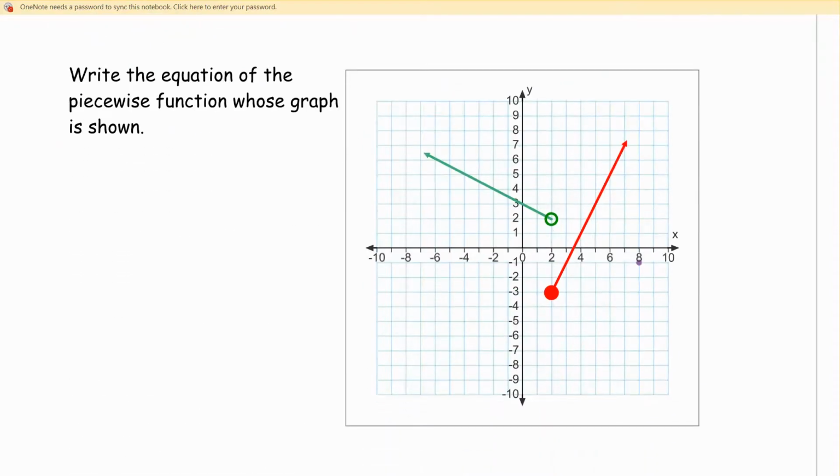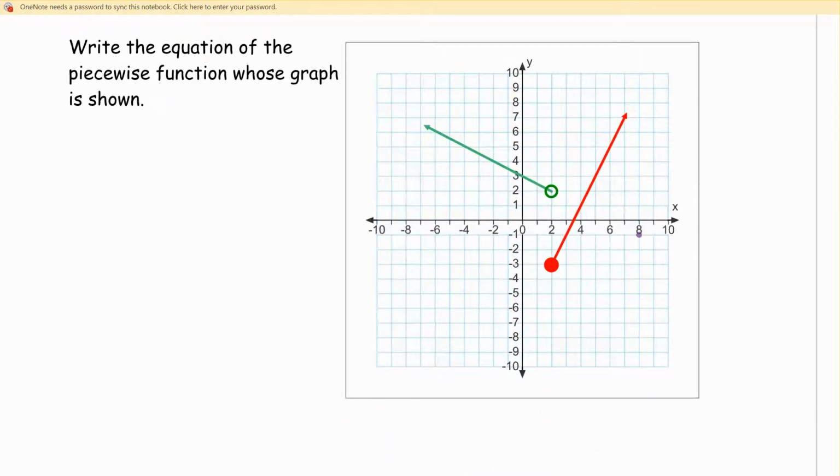Our next example: can we write this equation when we're just given a graph? f of x equals, and now our constraint for our green line looks like x values that are less than 2. We don't have an equal sign because it's an open circle.